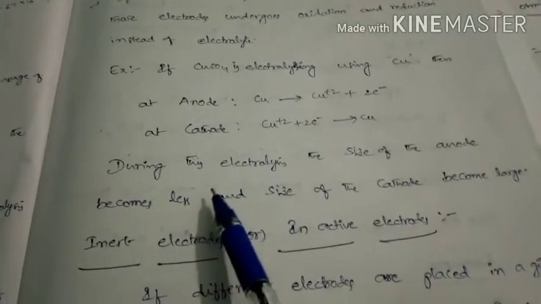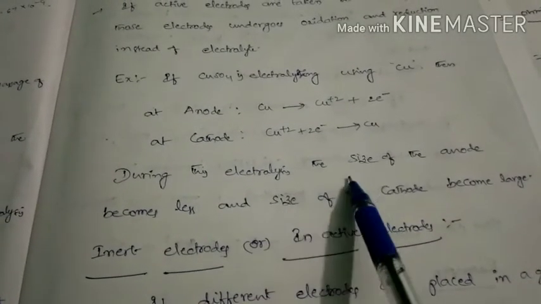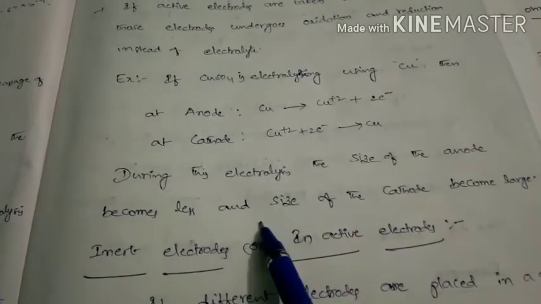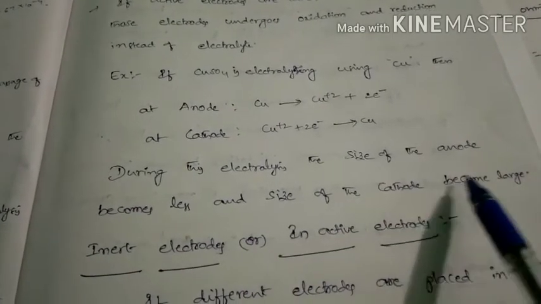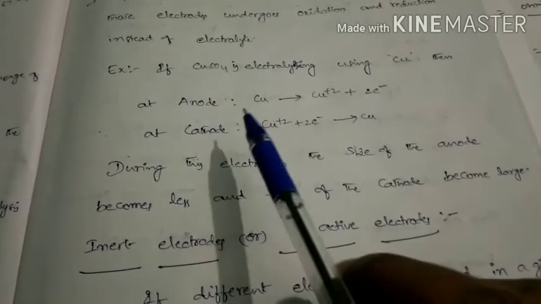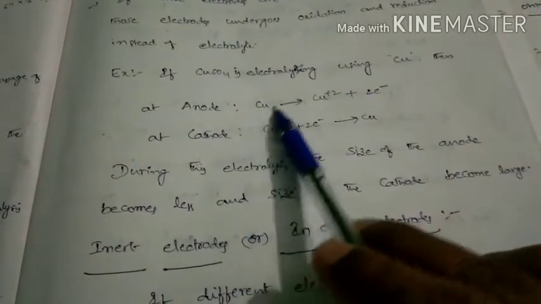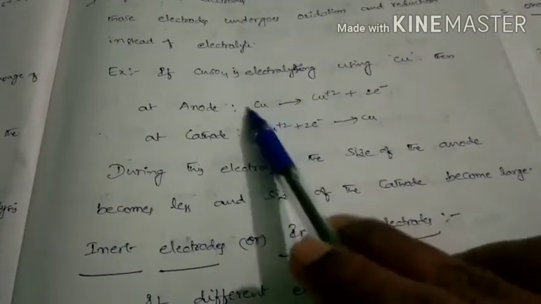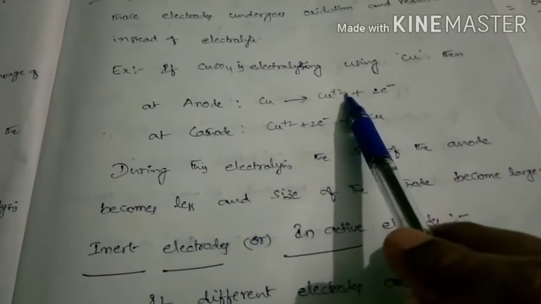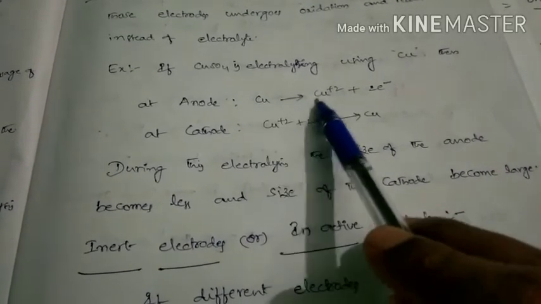Next one. During this electrolysis, the size of the anode becomes less and the size of the cathode becomes large. Very good point. Here the electrode is involved in the reaction. That means the copper electrode becomes copper ions.